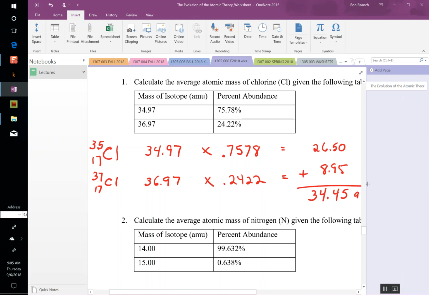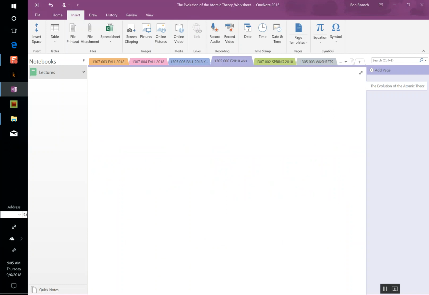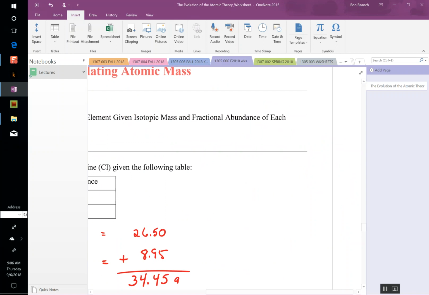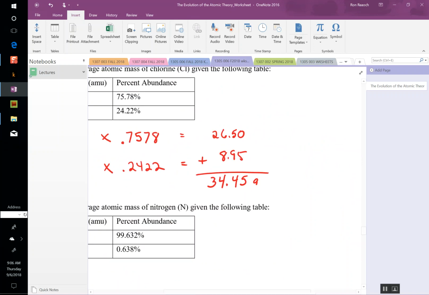And then you should put units on here of atomic mass units. All right? Because these are atomic mass units. That's its average atomic mass. On average, a chlorine atom has a mass of 35.